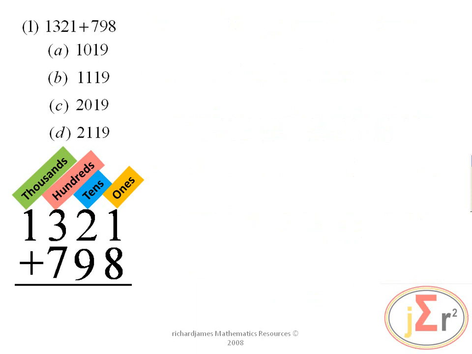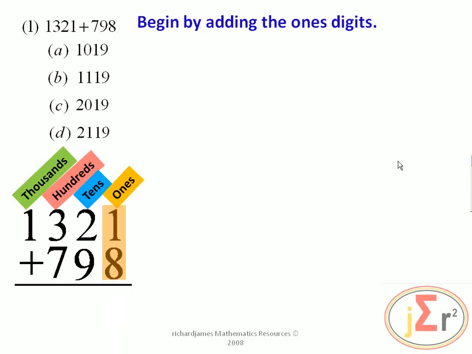So what digits do we add first? Right, so we will add the ones digit first. We add in mathematics, beginning at what we call the rightmost digit, which is the digit to the extreme right. So begin by adding the ones digits. 8 plus 1.